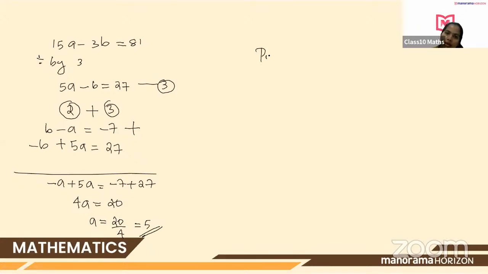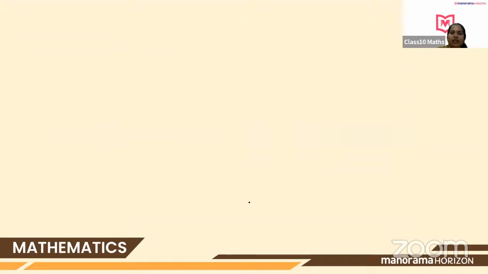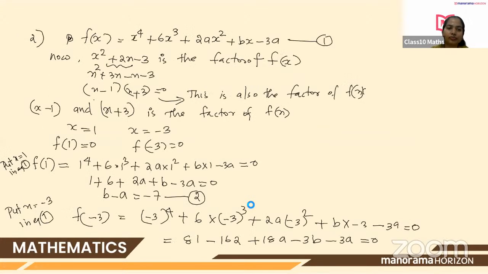Put a in equation 2 because 2 is the smaller equation. So b minus 5 is equal to minus 7 and b is equal to minus 7 plus 5, which is equal to minus 2. That is, a is equal to 5 and b is equal to minus 2. Okay, clear? Any doubts?